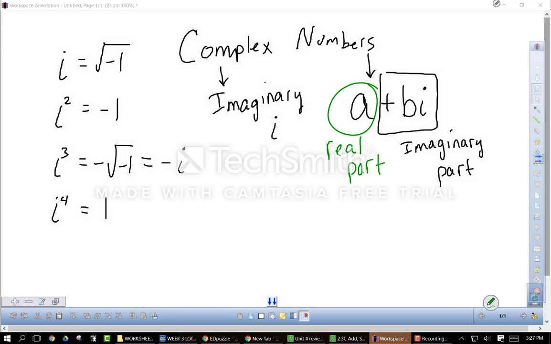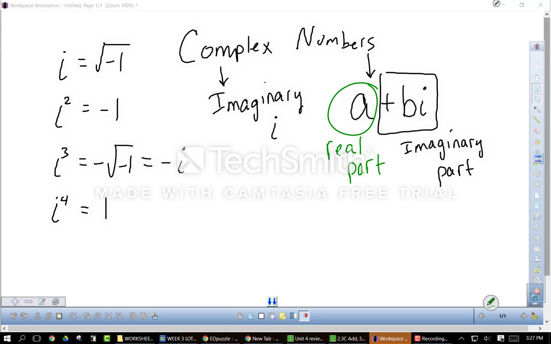Remember, real part means this is a number that we can actually graph, okay? So that's a number like -1 or +7 or 15. We can graph that number. It exists on a number line. Whereas the imaginary part, the i's don't exist on a number line, so that's why it's the imaginary part.